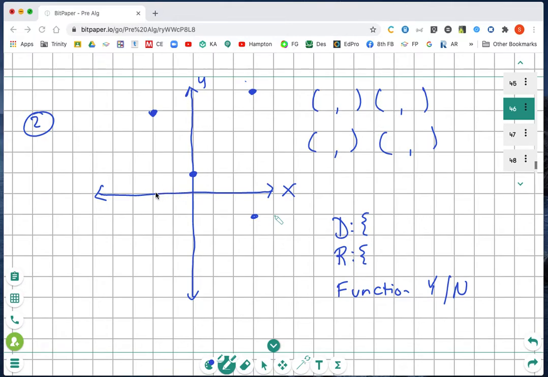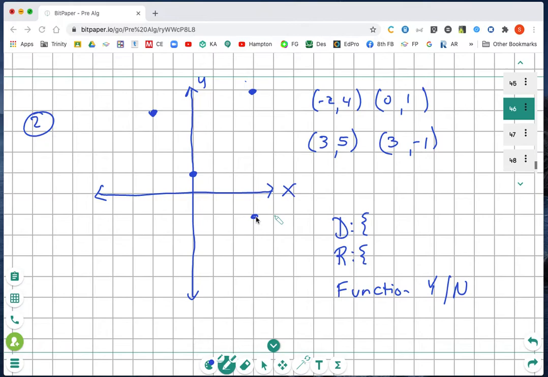So this is going to be -2, 4, and this is going to be 0, 1, and this is going to be 3, 5. And this is going to be 3, -1.